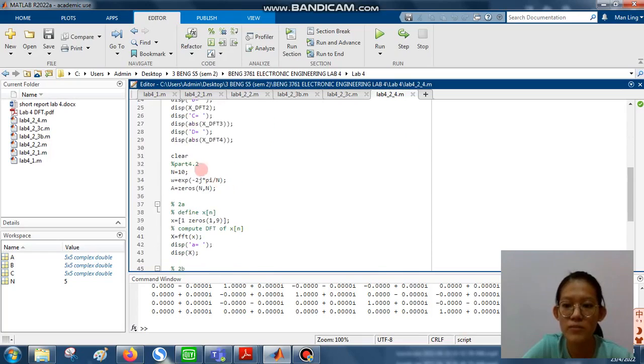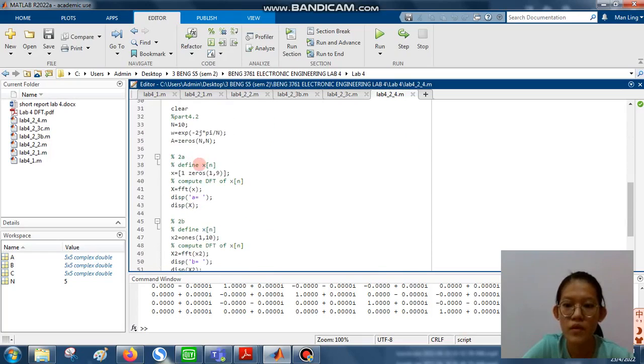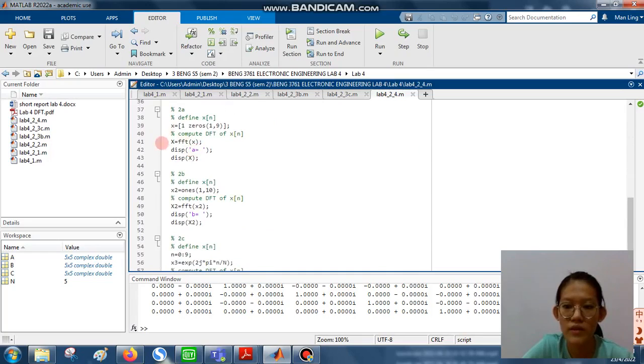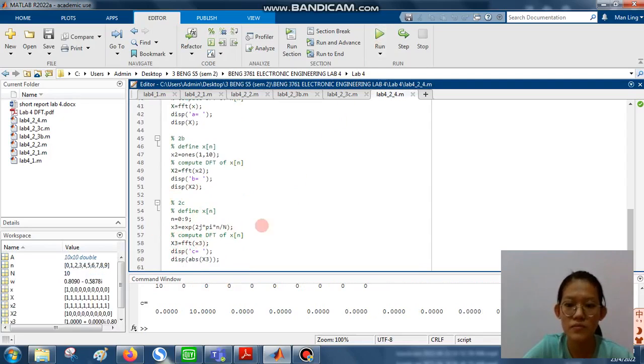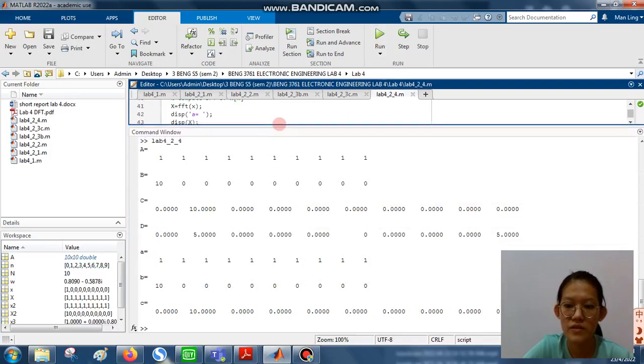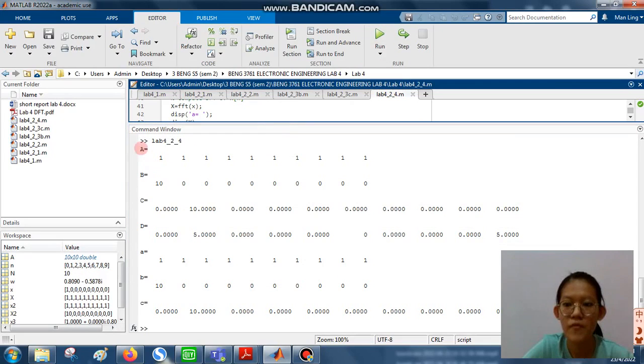Then for the questions in part 4.2, 2a is this one, 2b is this one, and 2c is this one. We also use the FFT functions. Then we run the code. You can see that for a, the larger a, b, c, and d is equal to this one, and the smaller a, b, c is equal to this one.